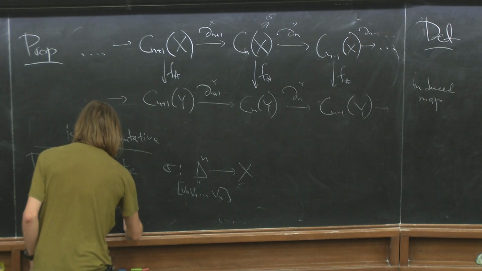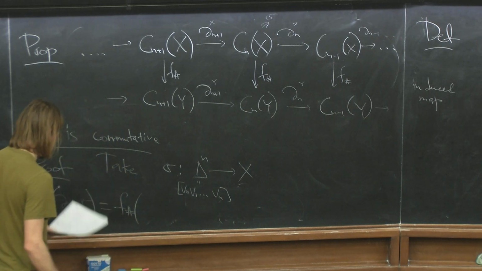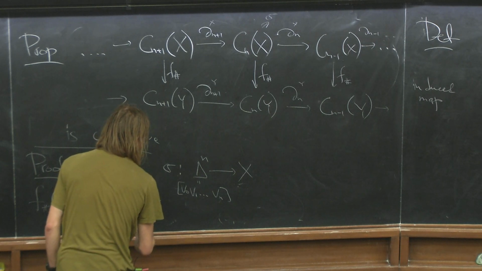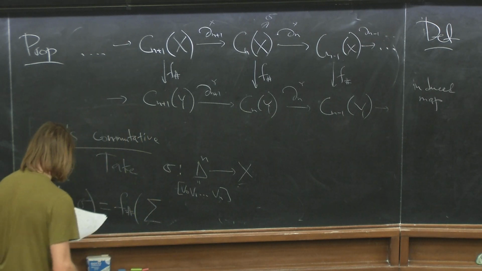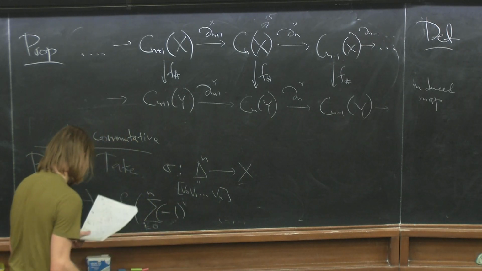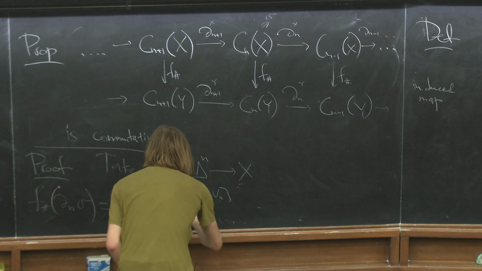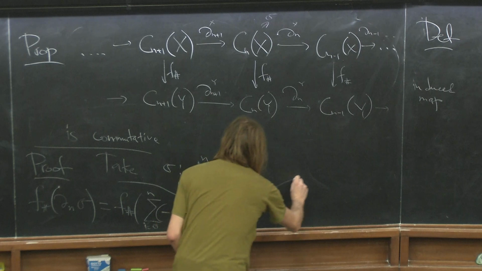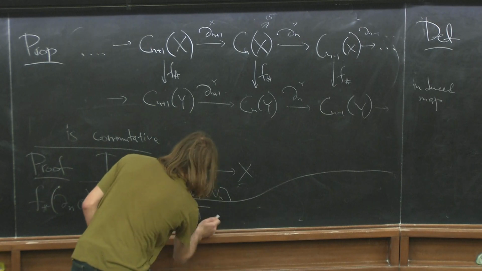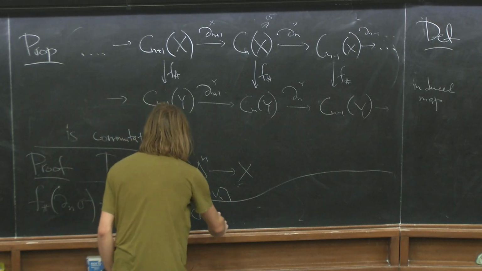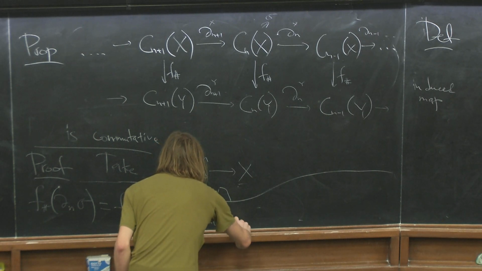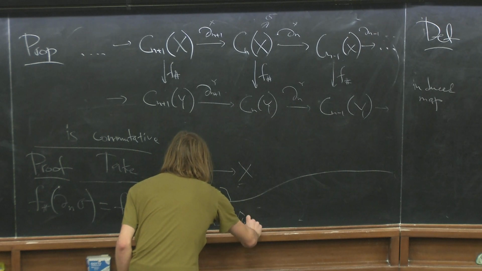Okay, we first apply d, and by definition, we'll have the sum from 0 to n of minus 1 to the i, then we take sigma, restricted to the subsimplex where we remove the i-th vertex.